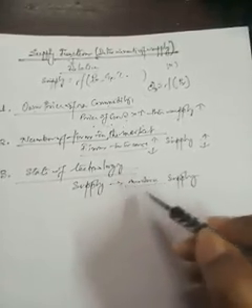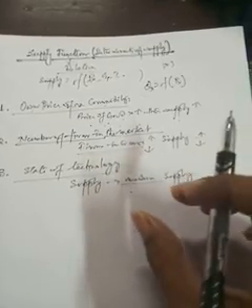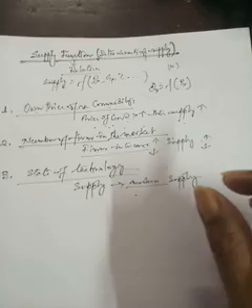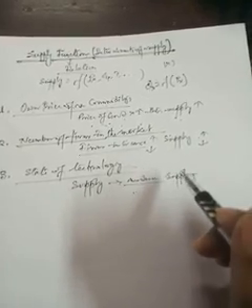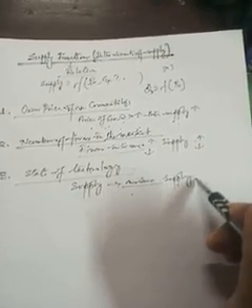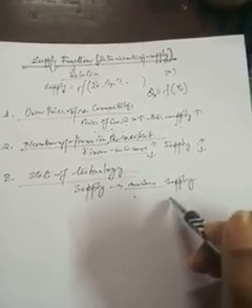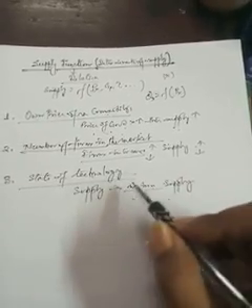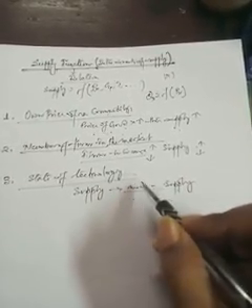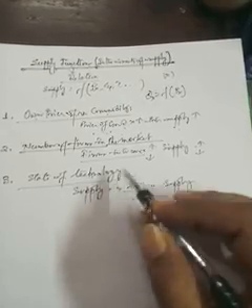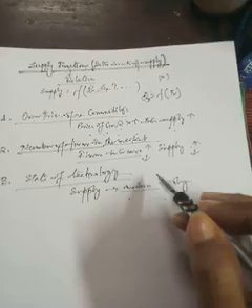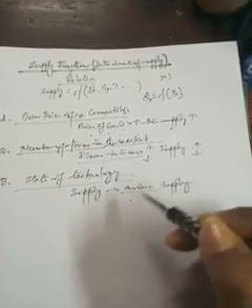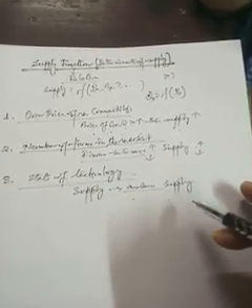So if modern technology is applied, your cost will reduce and your supply will increase. But if the firms use obsolete or old technology, then your cost will not reduce, your cost will increase and supply falls. So this is the third point, state of technology.